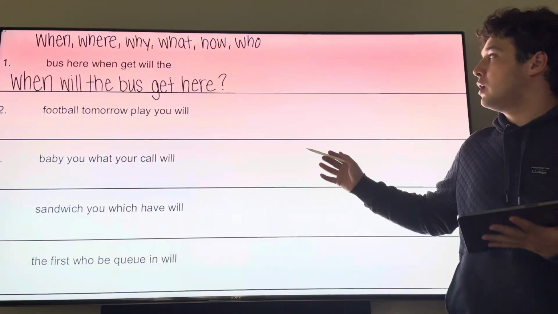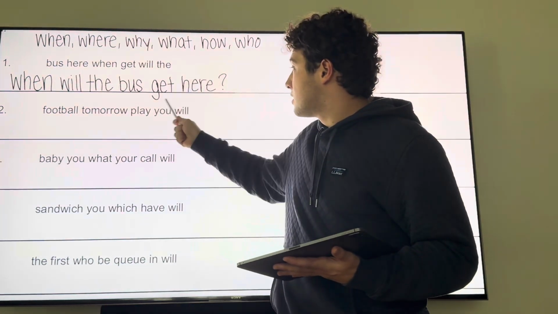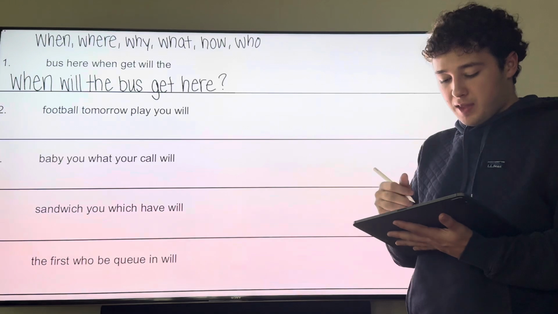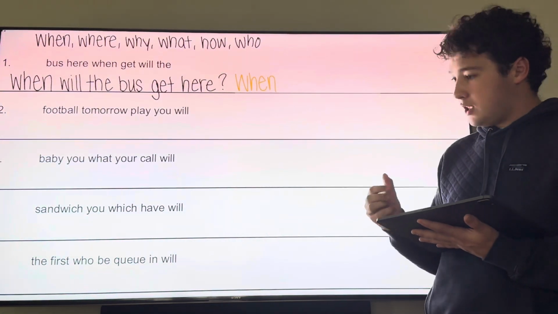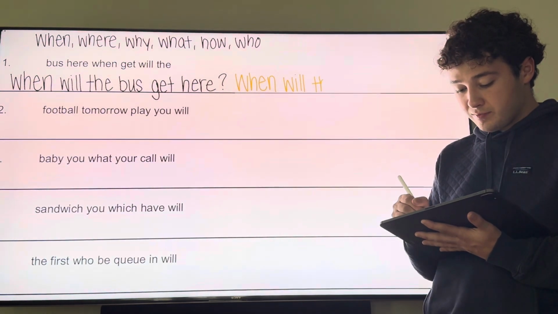And the way we would put it into future continuous is by changing this verb here. So, this is what you do. First, you'd start with when, and you continue with will the bus.